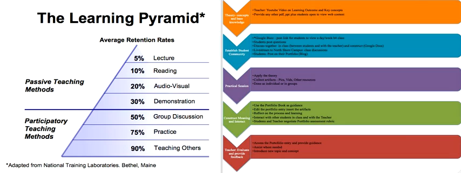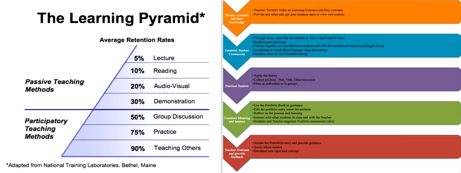If we move down the framework to the green section, that's construct meaning and interact. This is using a portfolio as a guidance. The students edit the portfolio entry and insert the artifacts, reflect on the process and learning, and interact with other students.